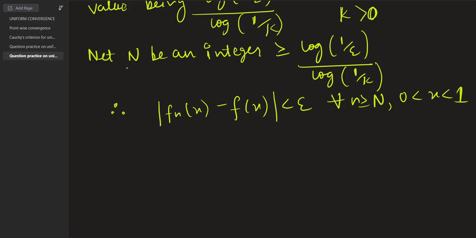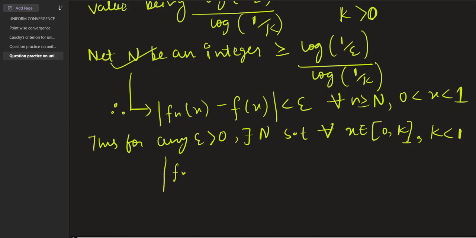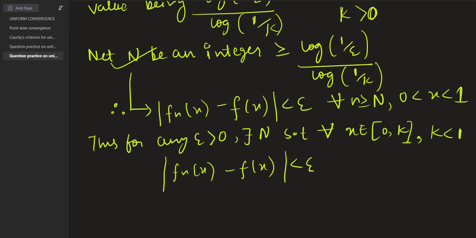So this implies that there exists an N and this condition is satisfied. Hence, for any epsilon greater than 0 there exists N such that for all x belongs to [0, k], where k is less than 1, |fn(x) minus f(x)| is less than epsilon for all n greater than or equal to N.